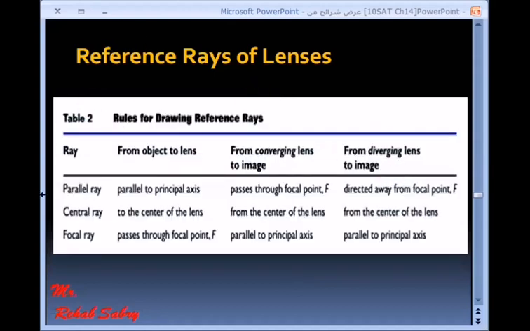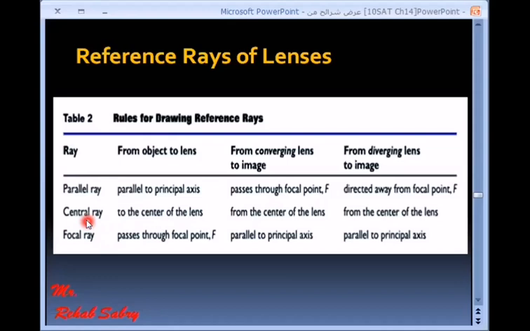So they are the ray diagrams. This is the incident ray, okay? If it's parallel to the principal axis, it will pass through the focal point if the lens is converging, or it is directed away from the focal point, such that its extension passes through the focal point, as we explained.